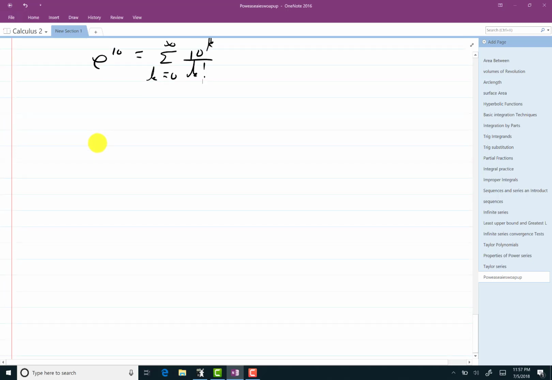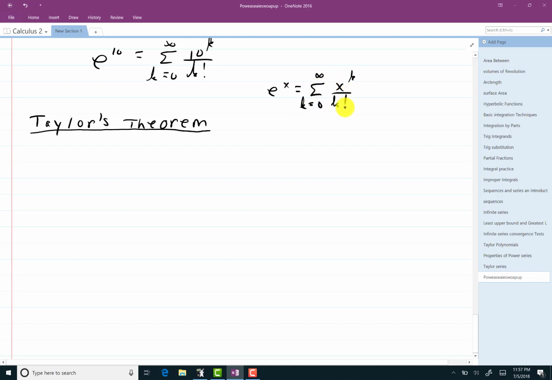Now, this part, I'm not requiring you to know how to do, but I think it's important. Through all the things we've done, I've said this oftentimes, there's a series for e to the x, or one for sine or tangent or whatever.